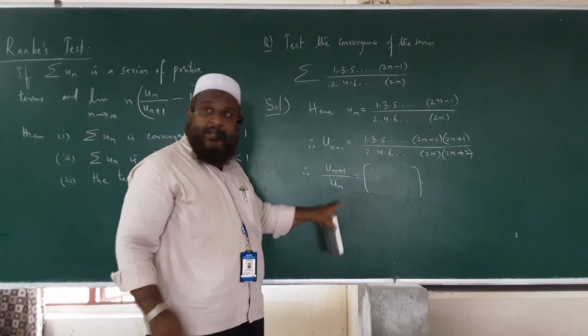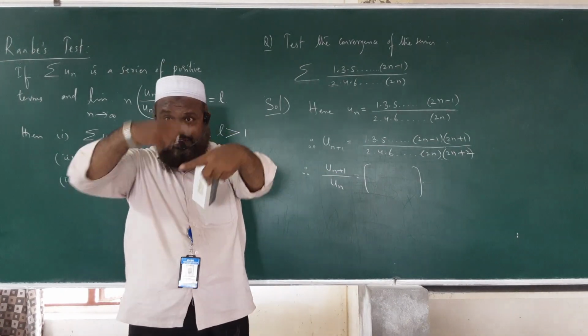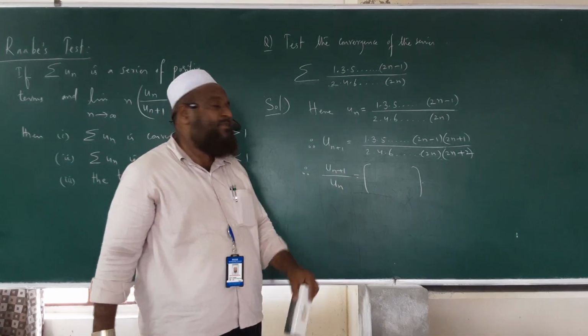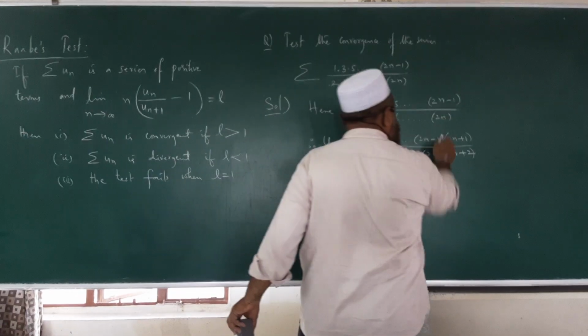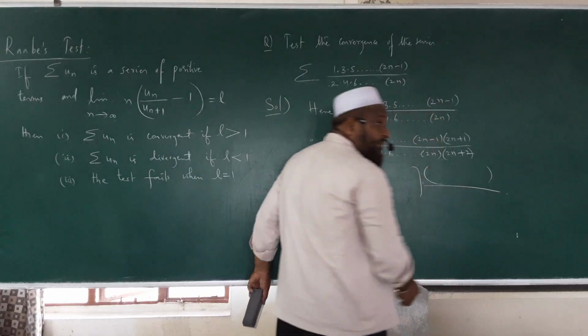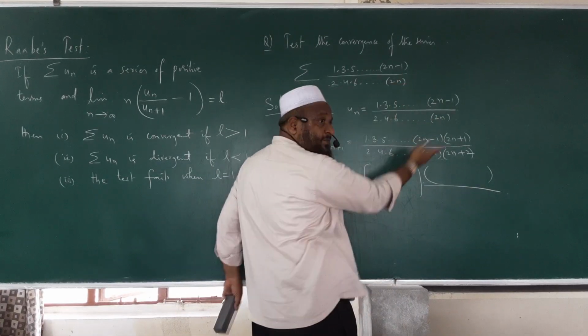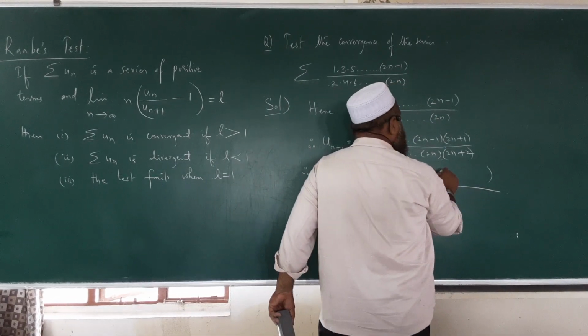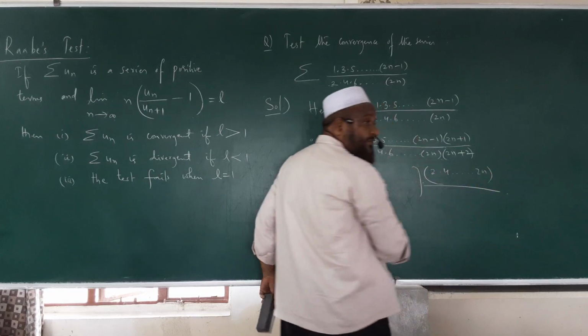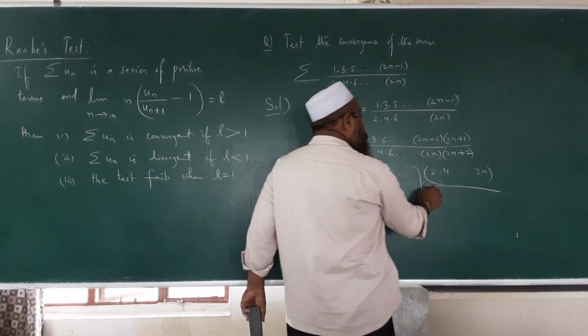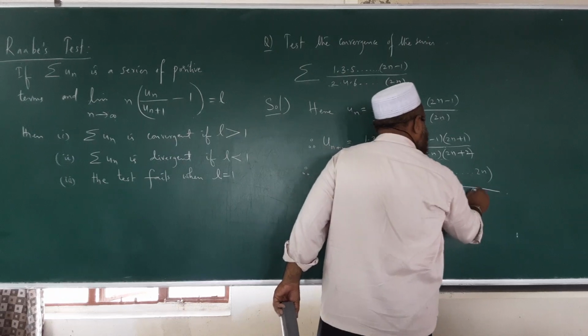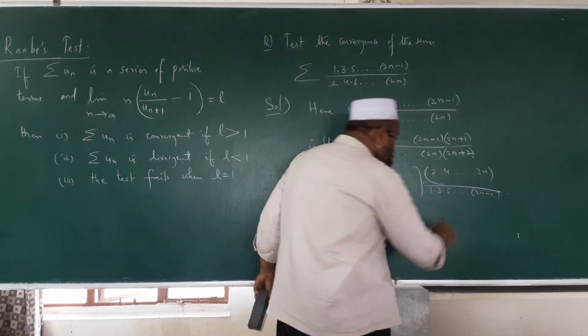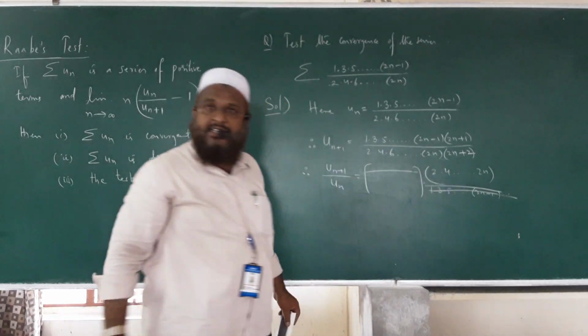It is 1 by un, means un is in the denominator, so it will get reversed. So what should I multiply now? This becomes numerator, this becomes denominator. So 2, 4, 6 up to 2n will come, 1, 3, 5 so on up to 2n minus 1 will come. This part here and this part here get cancelled.